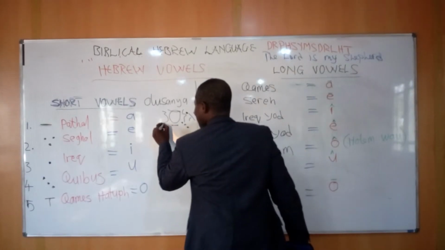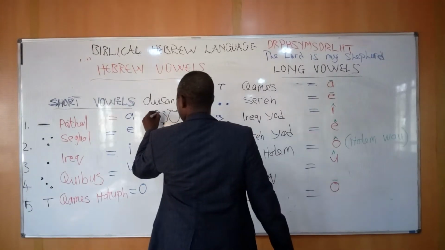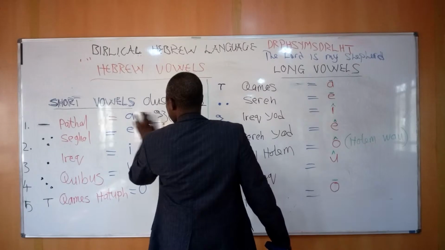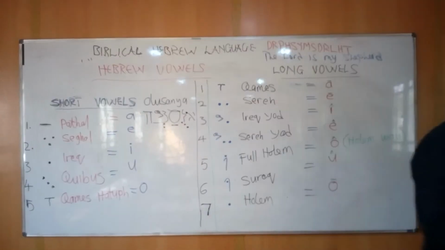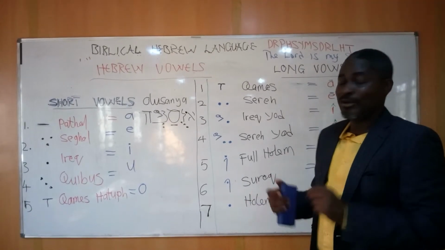Then what we call simple shewa, you'll be getting to know this with time. Then yod, kamets, and let me put an A here. This is how Olusonya should be written in the Hebrew language.